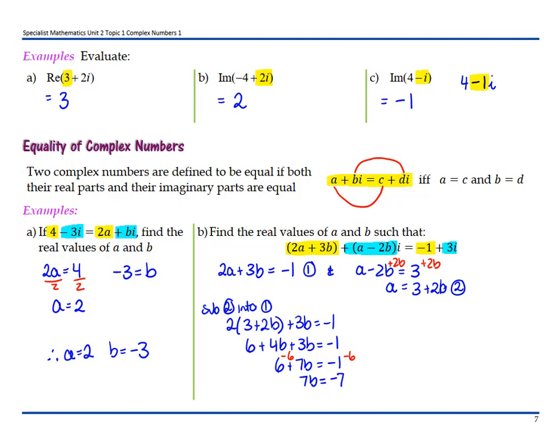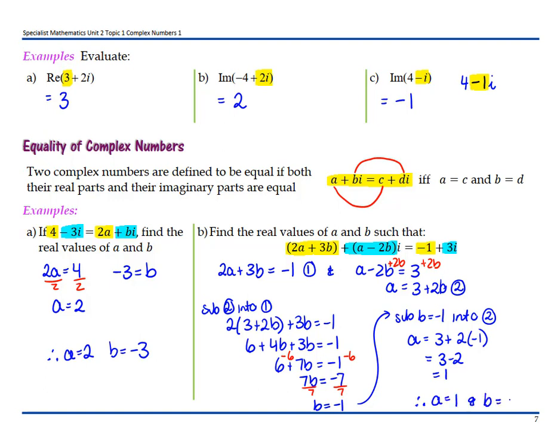So divide both sides by 7, and I have b equals negative 1. Sub b equals negative 1 into equation 2. So a would be 3 plus 2 lots of negative 1, which is 3 take 2, which is 1. So therefore, a equals 1 and b equals negative 1.